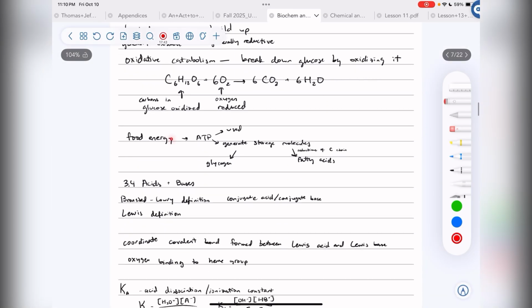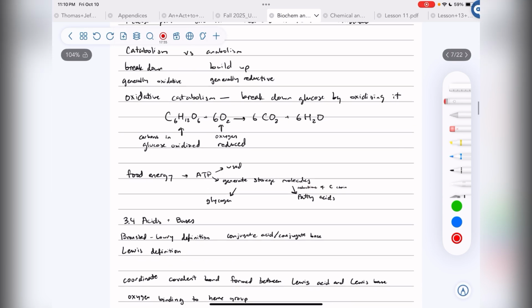Okay, so food energy goes to ATP, which is used, or ATP can itself generate storage molecules like glycogen or fatty acids. Basically, when bonds break, they release energy, but it takes a lot of energy to form bonds, right?